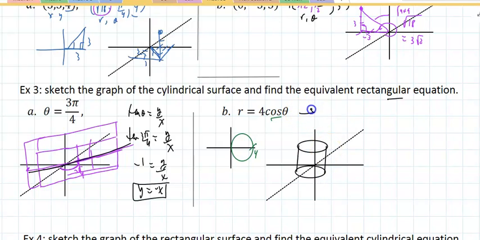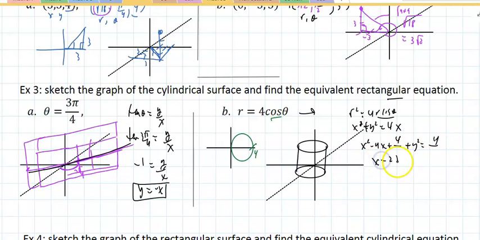If I want to convert, I will say, well, let's see, multiply by r. r squared equals 4r cosine of theta. x squared plus y squared equals 4x. x squared minus 4x plus a number plus y squared. Take half of the middle number, which is 2, and square it.